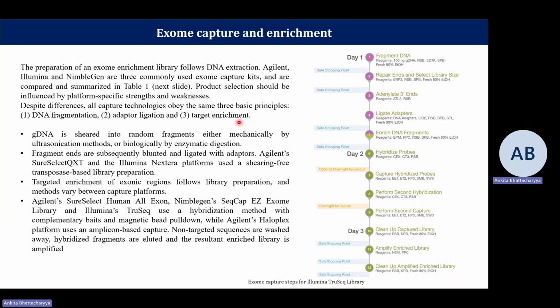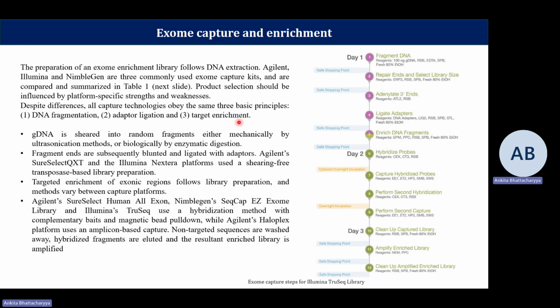Finally, Agilent's SureSelect Human All Exon, NimbleGen's SeqCap EZ Exome Library, and Illumina's TruSeq use a hybridization method with complementary baits and magnetic bead mediated pull down, while Agilent's HaloPlex platform uses an amplicon-based capture.